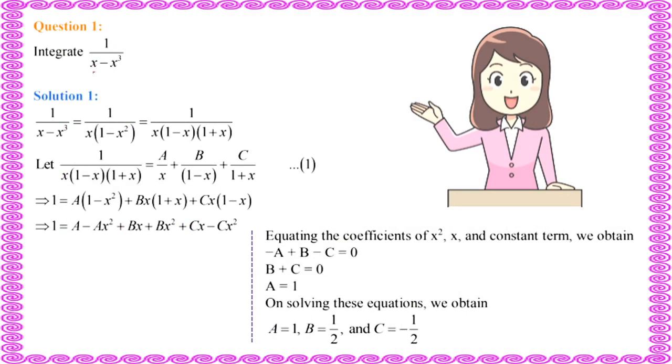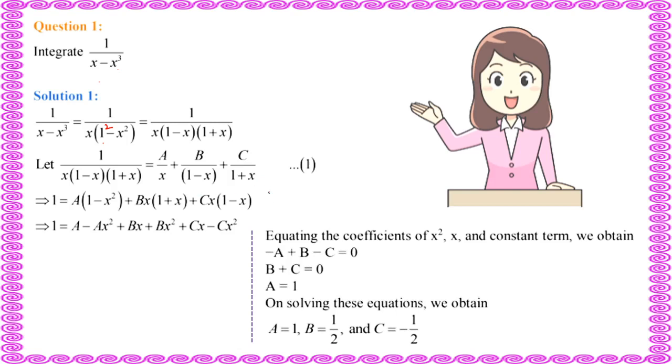First question, 1 upon x minus x cube. First of all, take x common and we can write it as 1 minus x square, and then as 1 square minus x square. Then if you look at the table of partial fractions, we can write 1 upon x into 1 minus x into 1 plus x as a upon x plus b upon 1 minus x plus c upon 1 plus x.